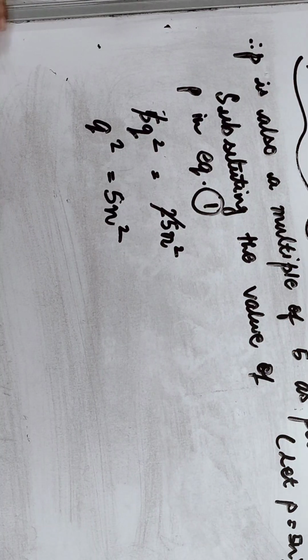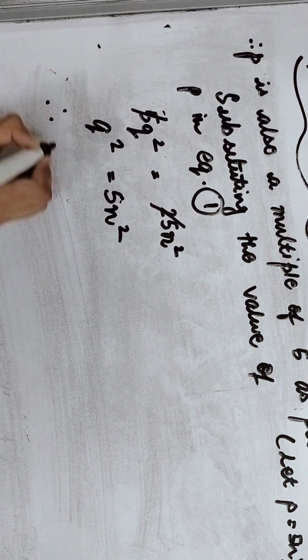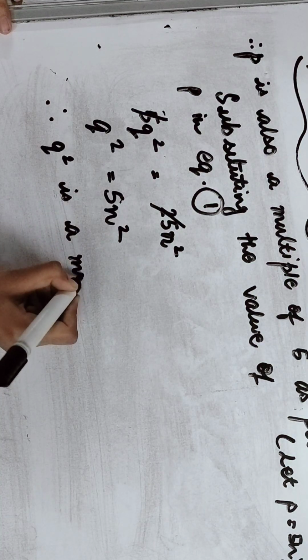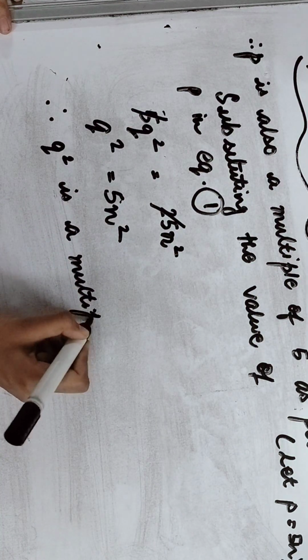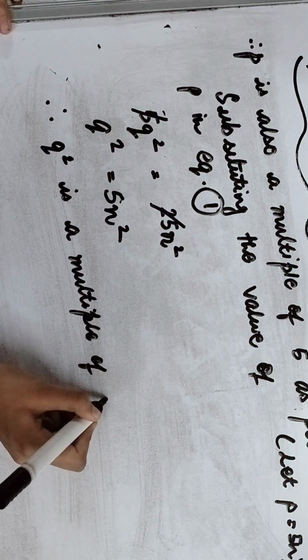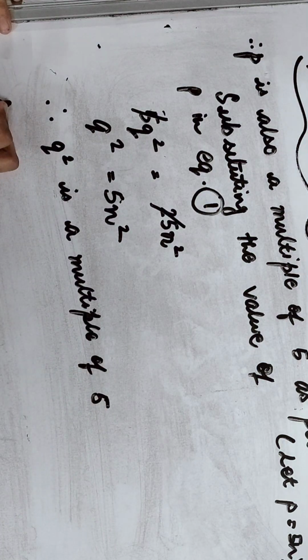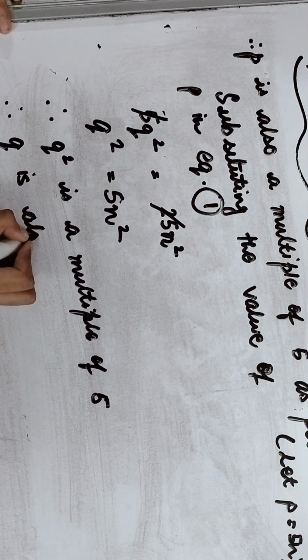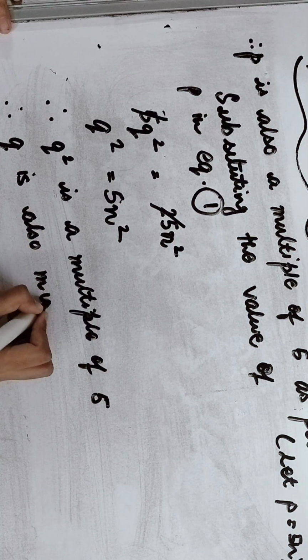That means q square is a multiple of 5, so q is also a multiple of 5 as per theorem.